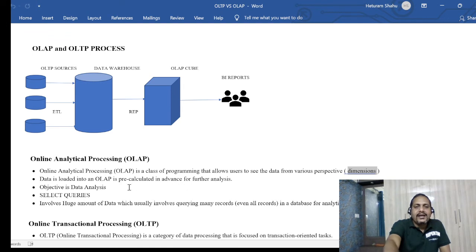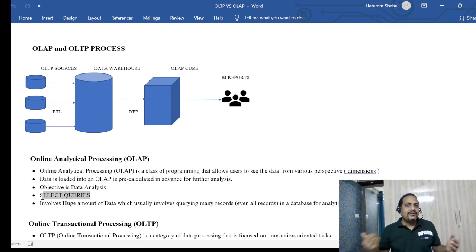And what kind of query do we run? Basically, we run select queries because we want to process a huge amount of data to generate the report, right? It is mostly select queries because we already have the data stored in the data warehouse, and now we just want to select the data from the data warehouse. There is no insertion, no deletion, nothing is happening.